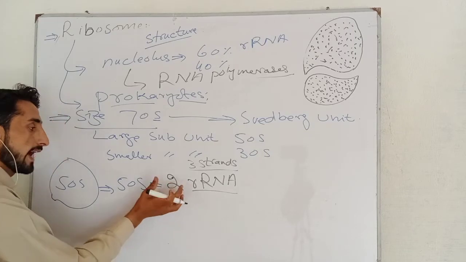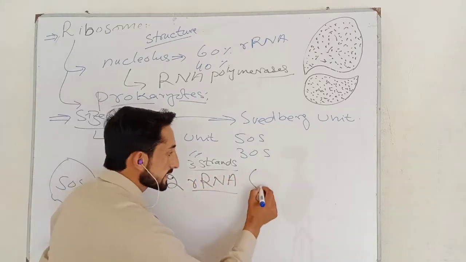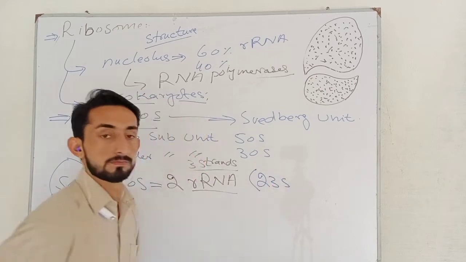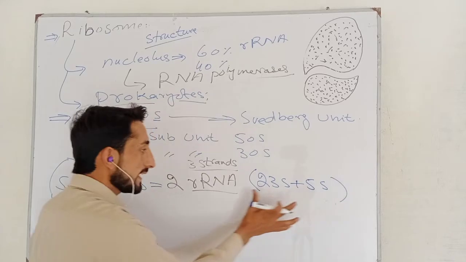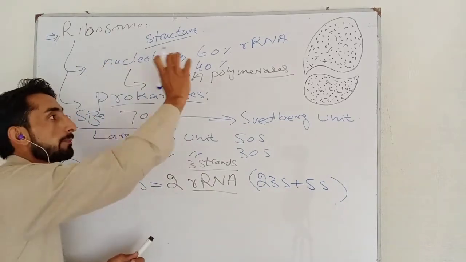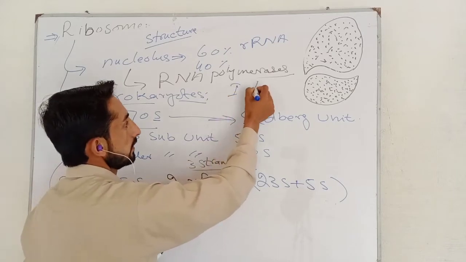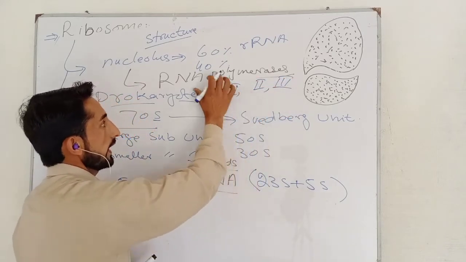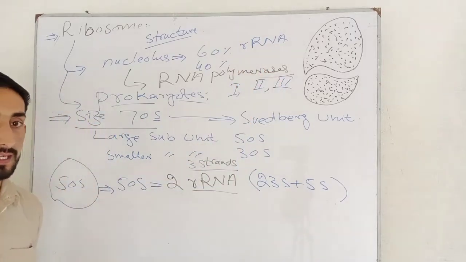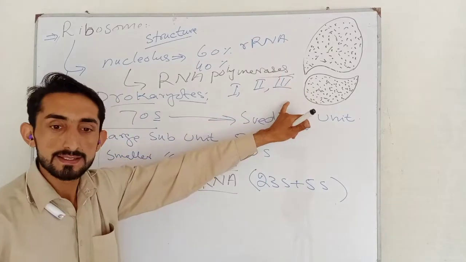The 50S has 2 ribosomal RNAs: one is 23S and the second one is 5S. And this is made by the RNA polymerase 3 enzyme. There are 3 enzymes, RNA polymerase 1, 2 and 3. So this is made by the RNA polymerase 3 enzyme.